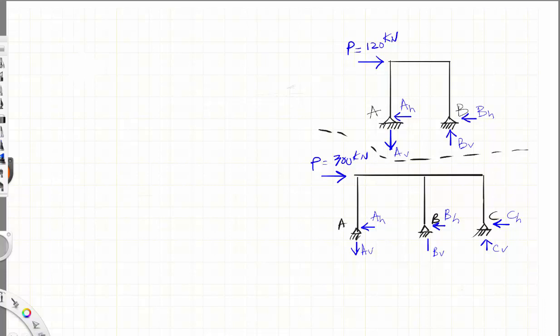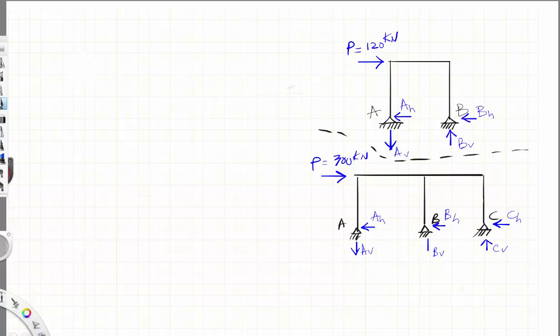In this session we will calculate the reactions in a frame due to lateral load. If you look at this frame, a single frame with the lateral load of 120, assuming this is the wind load, we have our equilibrium tools, which we can use to calculate these reactions.